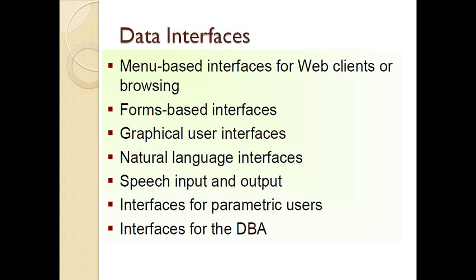They have their own access, so it is not accessible to the common people. The parametric users have their own interface where they will be working. For example, the song composer will have his own tools. He will be composing the song in his own method. So he is a parametric user, meaning only he is going to work on that.